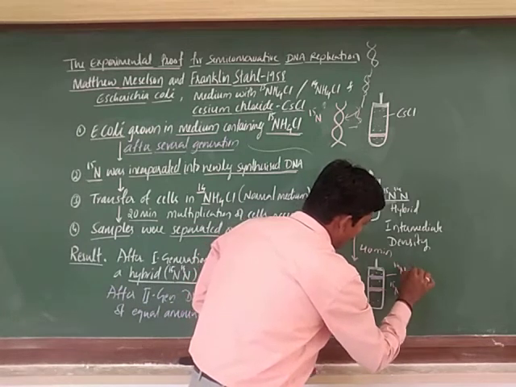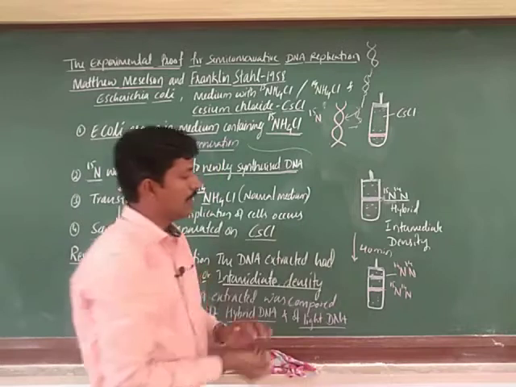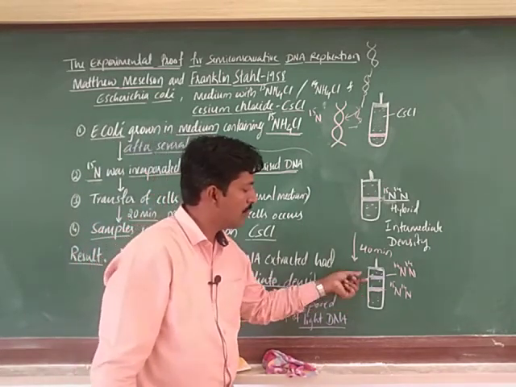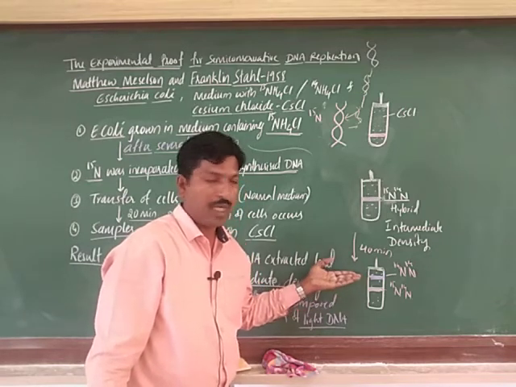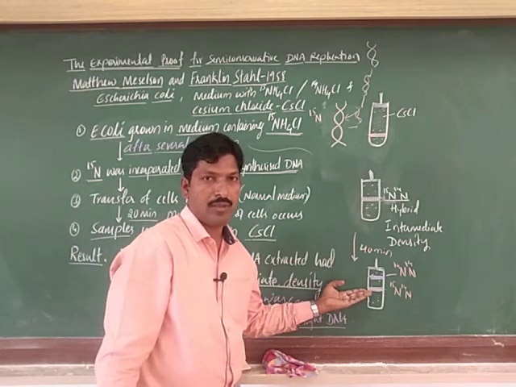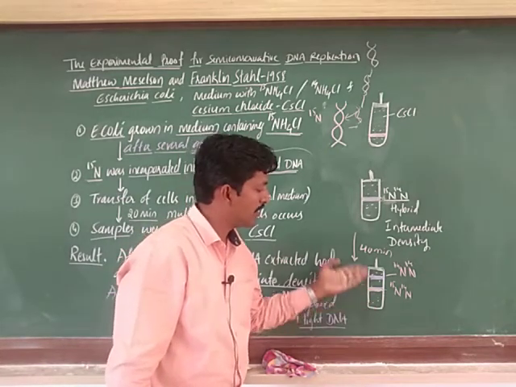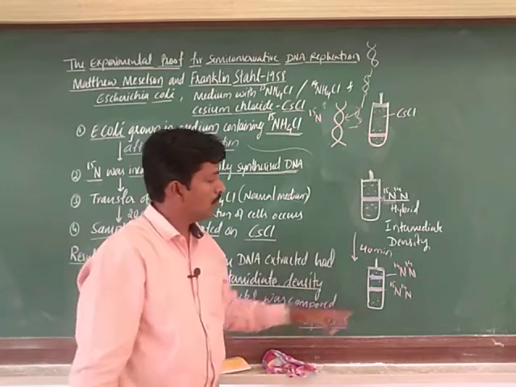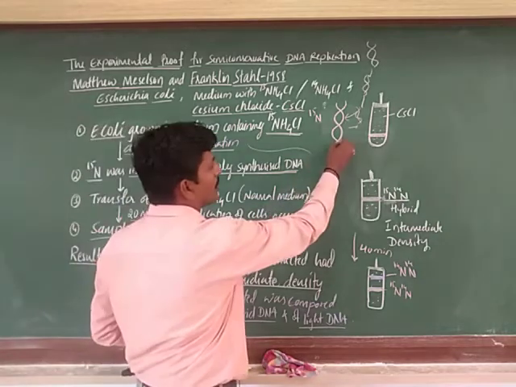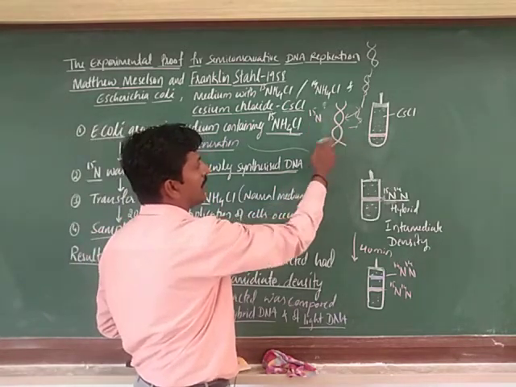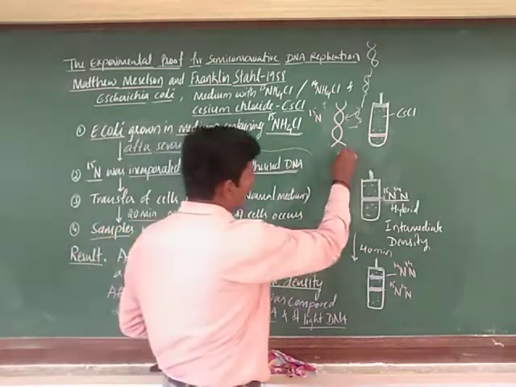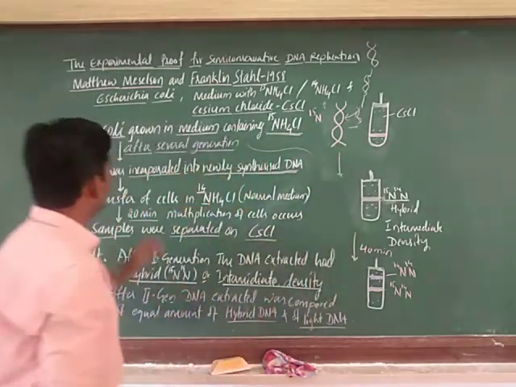N14 and N14. N14 means, in the upper part, the density is less, and 50% of cells appear in this area and 50% appear in the middle of that cesium chloride, right. So this indicates that we started with both strands having the heavy isotope, and then it was allowed to grow in normal media.